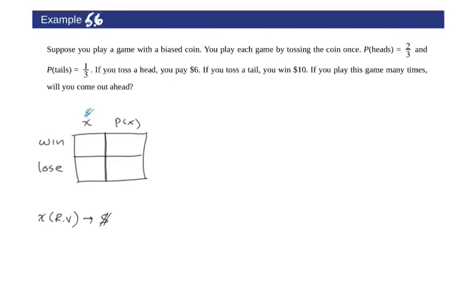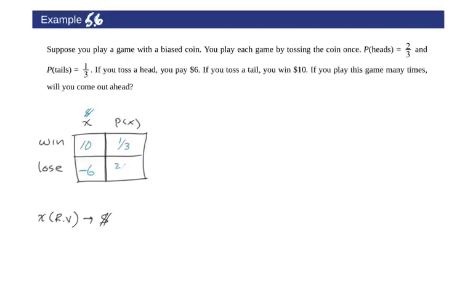And let's try to fill this in here. So if I win, we're going to go ahead and we're going to win $10. And if we lose, we're going to have to pay $6. So notice I made it negative. And the probability that we win in this case is going to be 1 out of 3.